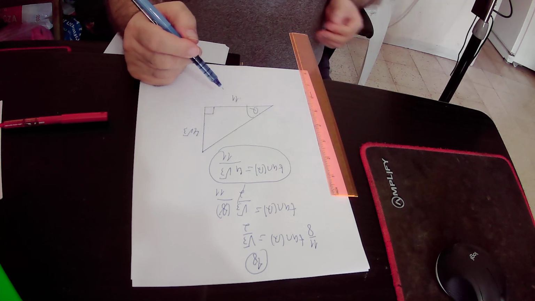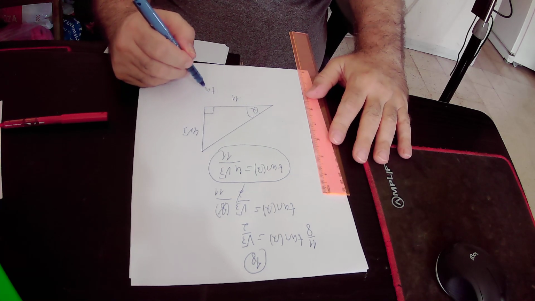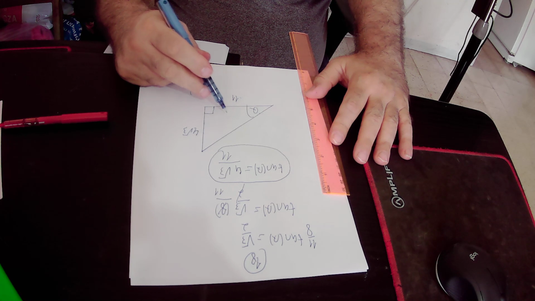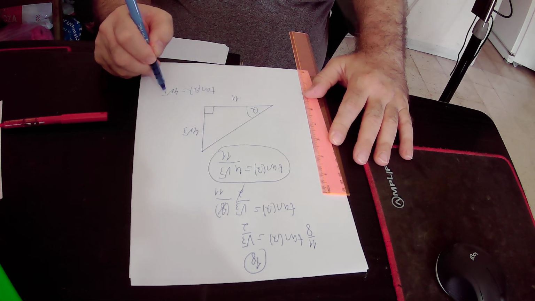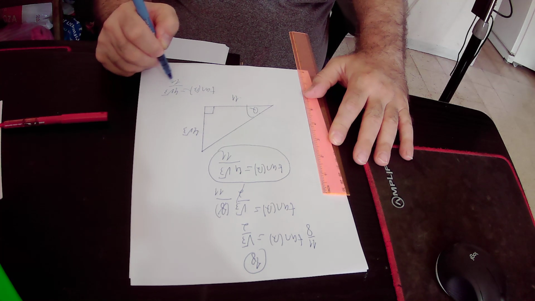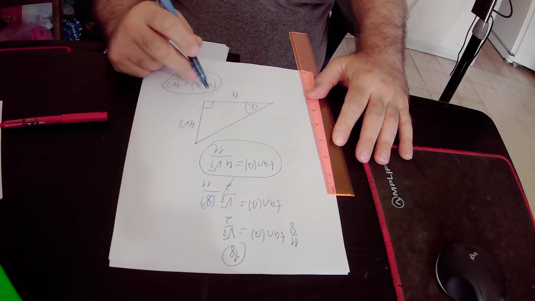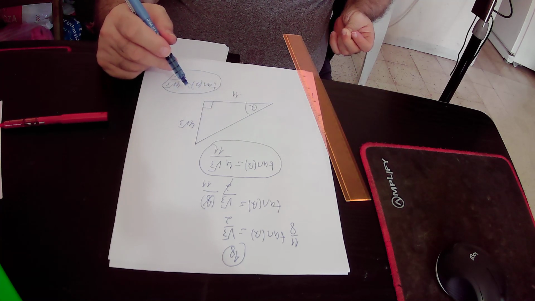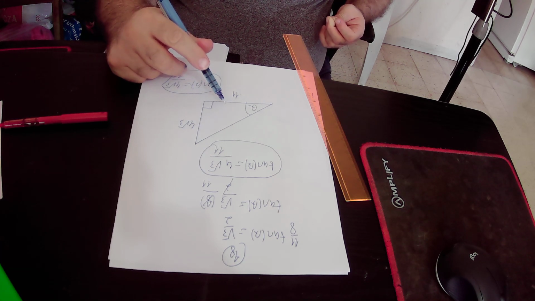Okay, again, tangent q in this right triangle equals 4 times root 3 over 11. So we can use this right triangle in order to express the value of sine q.